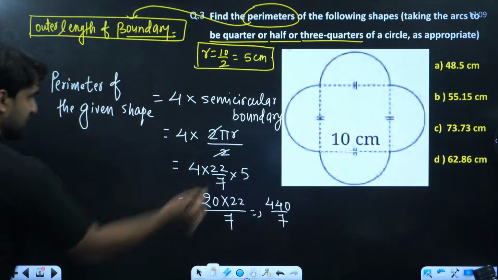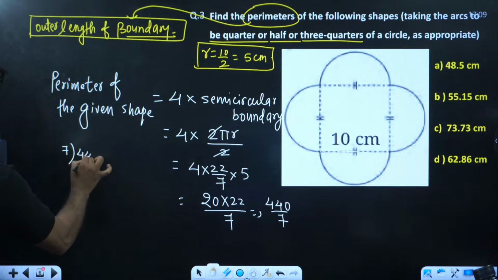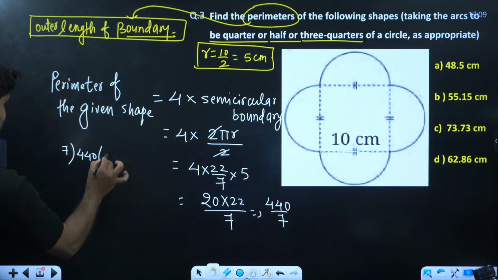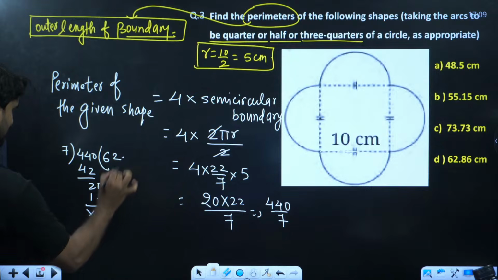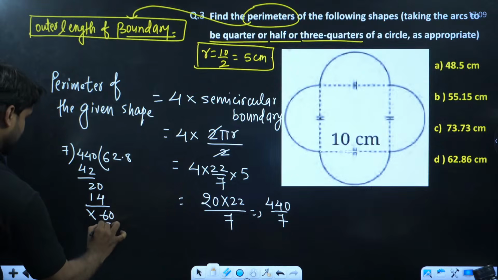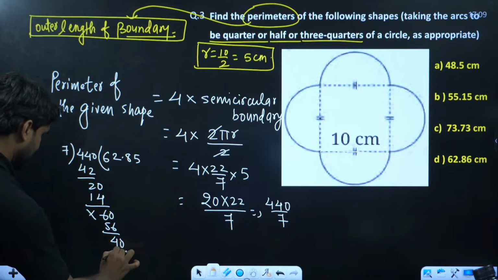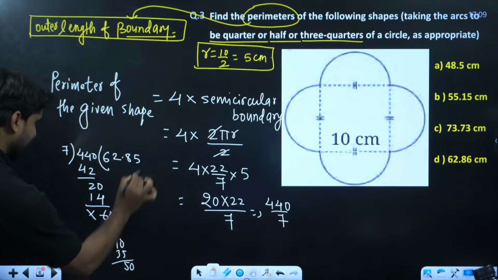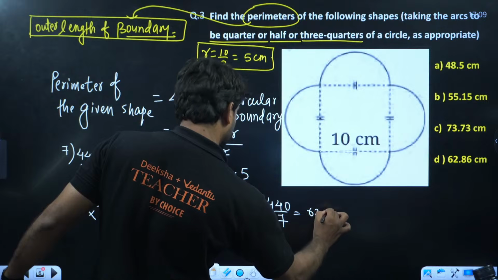So let's divide 440 by 7 to calculate the answer in decimal form. 7 6s are 42, 7 2s are 14, 7 8s are 56, this is 40, now this is 35. So basically the result is a non-terminating, non-repeating decimal.